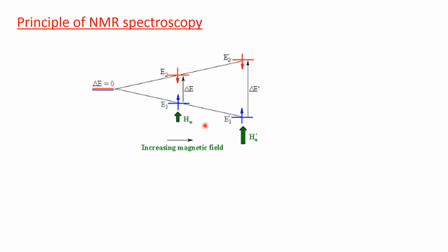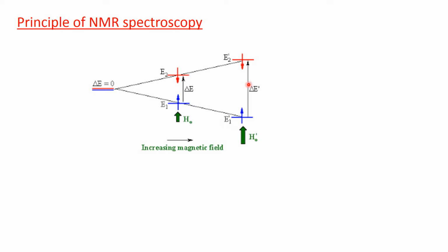So, this energy difference between the alpha state and beta state is a function of the external magnetic field strength. As you increase the magnetic field, this energy difference also increases. So, when the magnetic field strength is more, the energy difference, delta E, will also be more. Then nuclei will have more tendency to remain in the lower energy state.